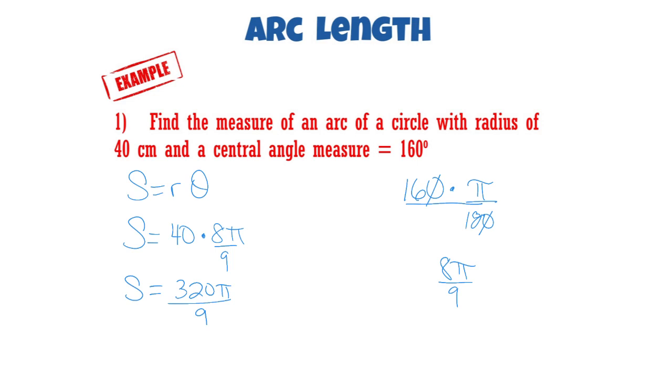So if you type that in, you would find that that is approximately, we'll just go to the hundredths place, 111.70, and that is your arc length. So think about this. What would we label that if that's your arc length? Well, it's going to match whatever your length is measured for your radius. So right there is my arc length.